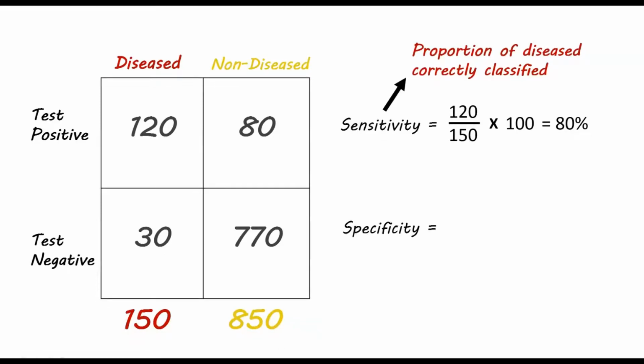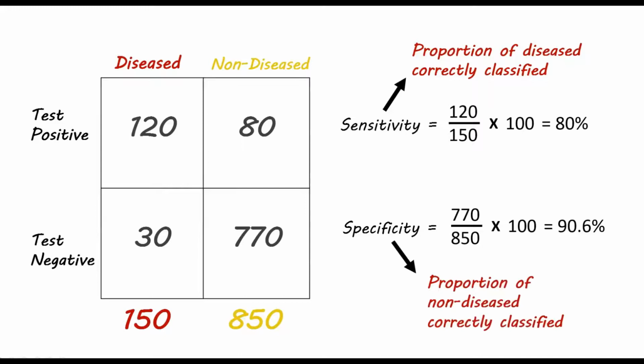The specificity is calculated as the number of non-diseased individuals who are correctly classified, divided by all non-diseased individuals. So 770 divided by 850 times 100, which equals 90.6%. The specificity is the proportion of non-diseased correctly classified.